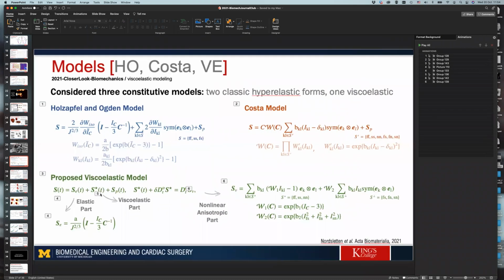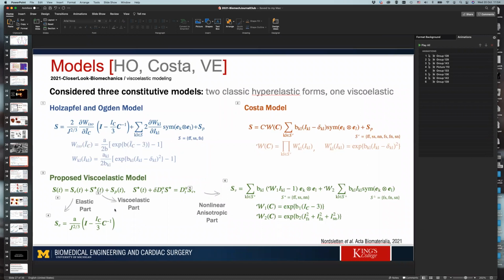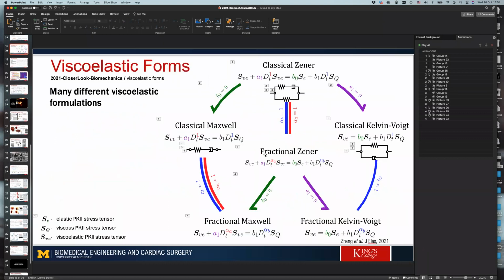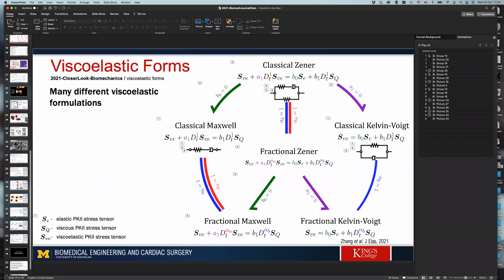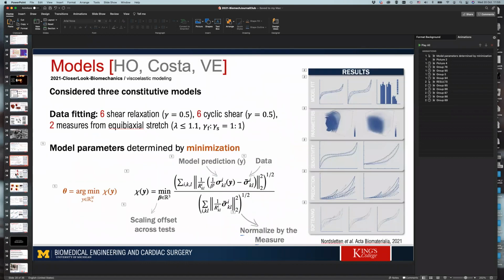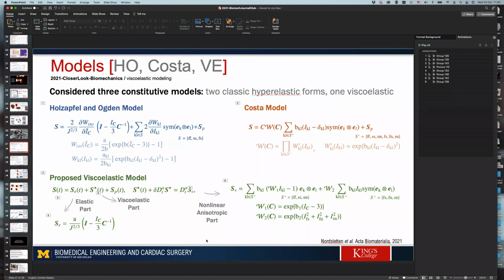Yeah, exactly. So we actually looked at a number of different ways to do this. We looked at lumping this elastic part inside the S star, so the fractional part. So it'd be similar to the model that I showed here, the fractional Zener. There are some theoretical constraints that mean you have to be more careful.